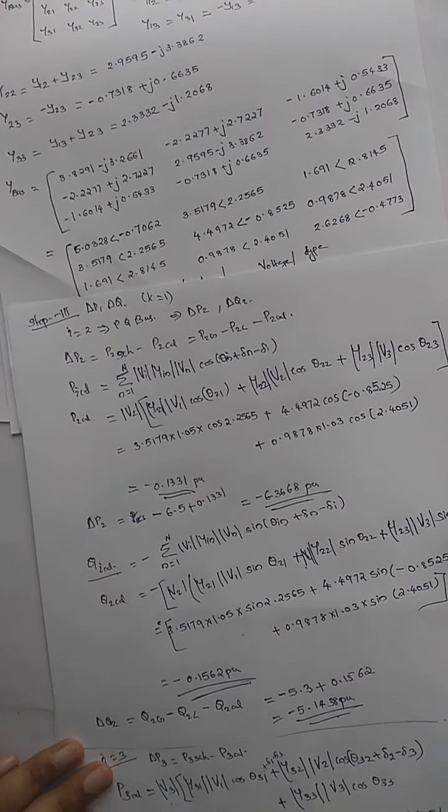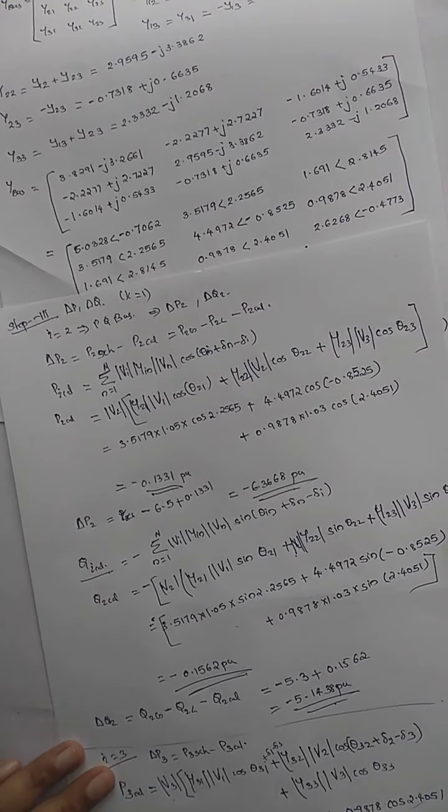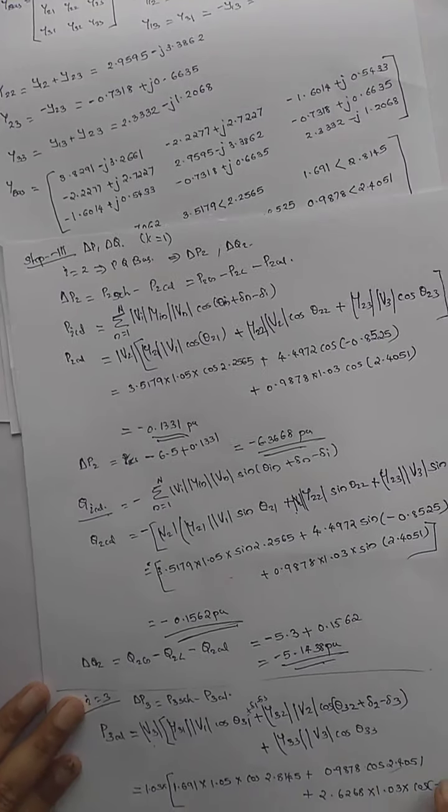Y33 value is 2.6268 into V3 value 1.03 into cos of minus 0.4773. This is the equation we have to find out.